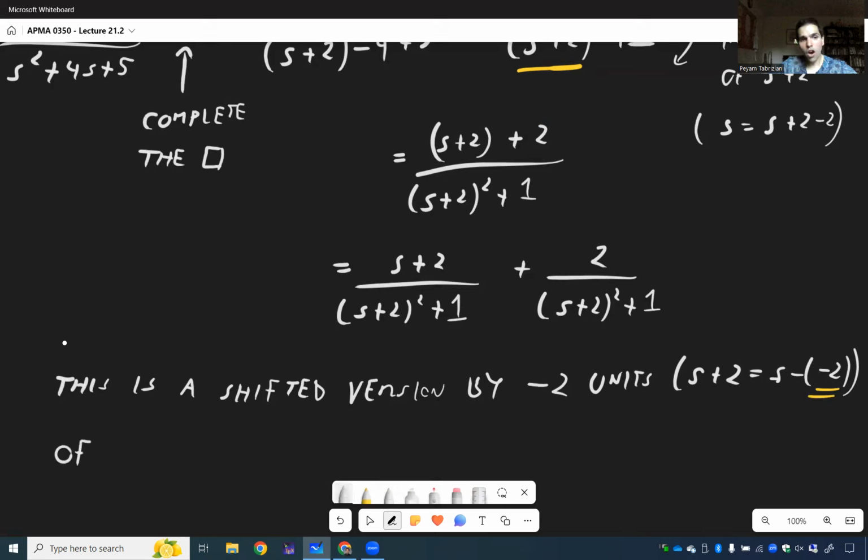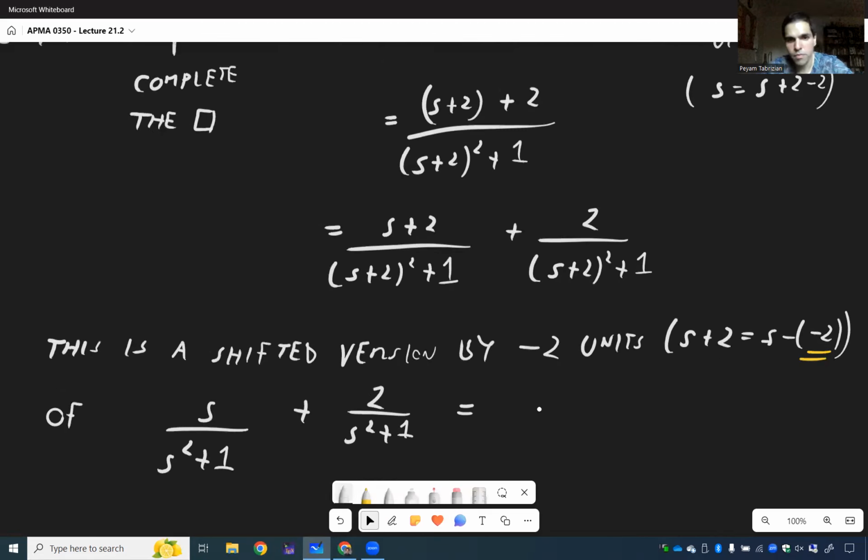Of what? Of the unshifted version, which is s over s squared plus 1 plus 2 over s squared plus 1, which remember is the Laplace transform of cosine of t plus 2 sine of t.